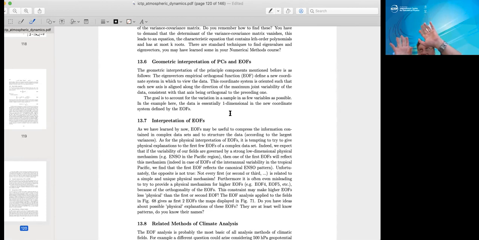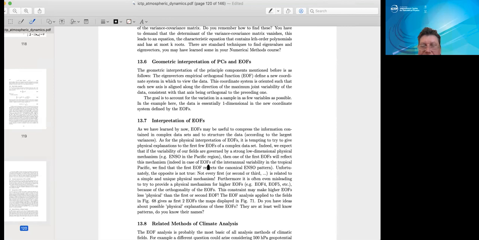Then I perform an EOF analysis, I find this pattern, the most powerful pattern, and the time series is this. And this is now our index for that pattern, which I can call whatever I want. For Pacific sea surface temperatures, it turns out that ENSO is the first EOF.